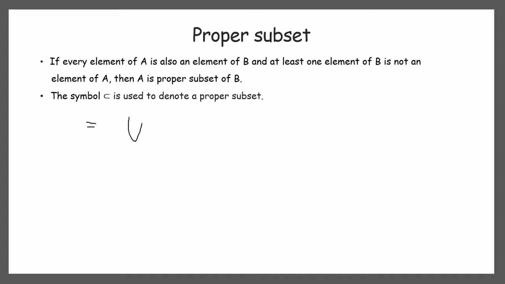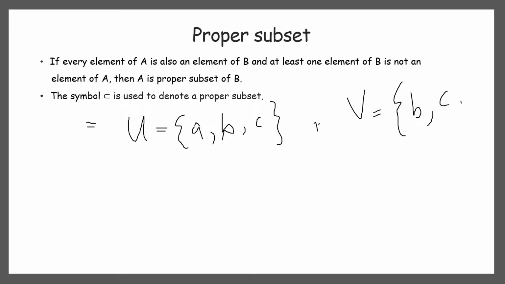Let's say there is a set U and it contains 3 elements, A, B and C, and then V, which also contains 3 elements, B, C and A. Okay, now U and V, both sets contain 3 elements, and each element of U, A, B, C, and here is also A, B and C, because order doesn't matter while writing elements in a set.